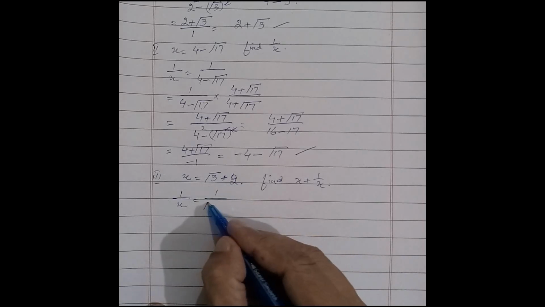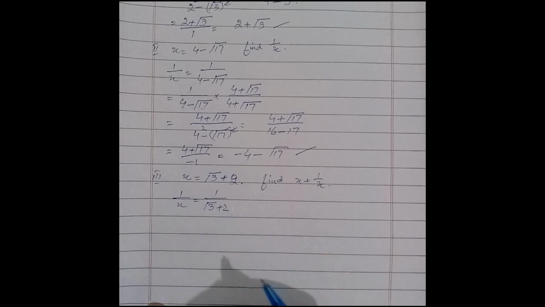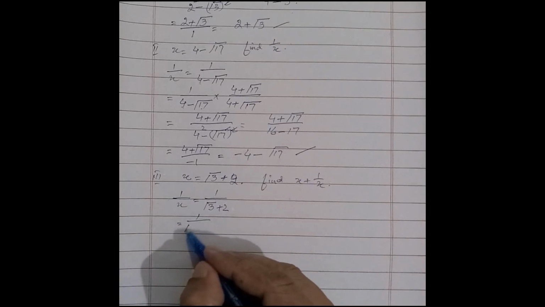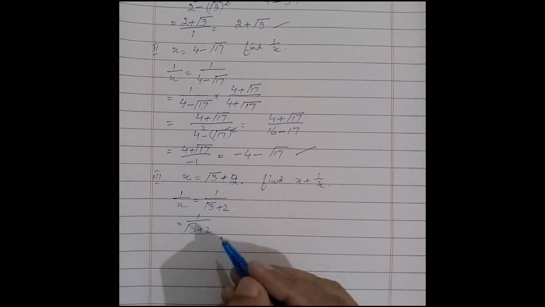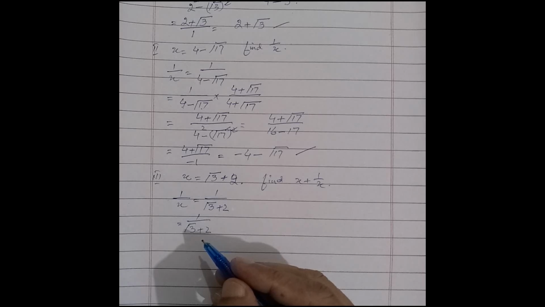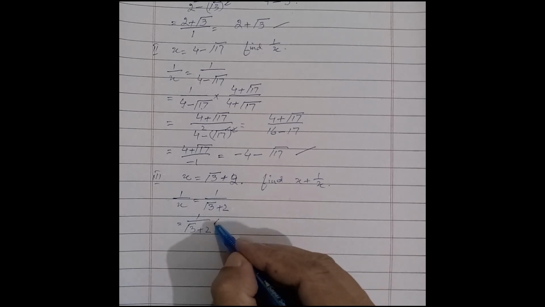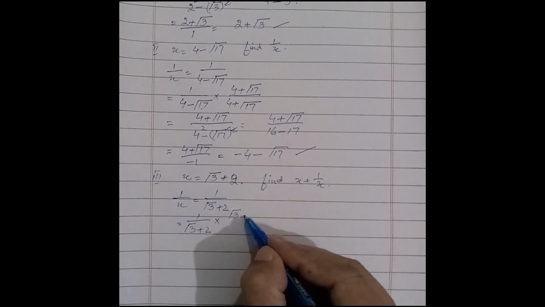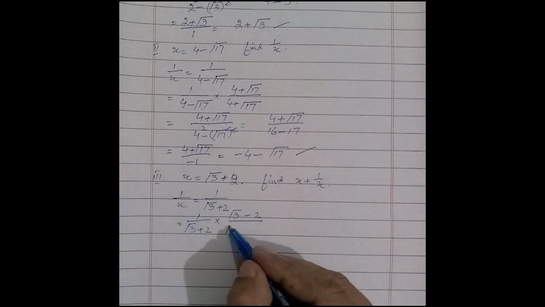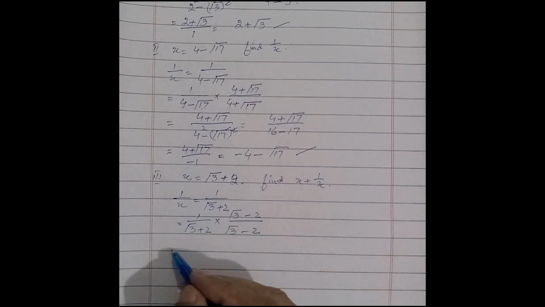We have 1 over square root 3 plus 2. Now we solve 1 over square root 3 plus 2 by multiplying by the conjugate of square root 3 plus 2, which is 1 over square root 3 plus 2 multiplied by square root 3 minus 2 over square root 3 minus 2.